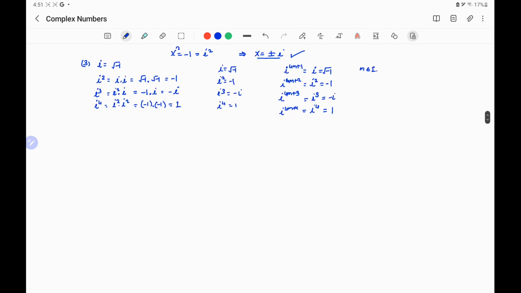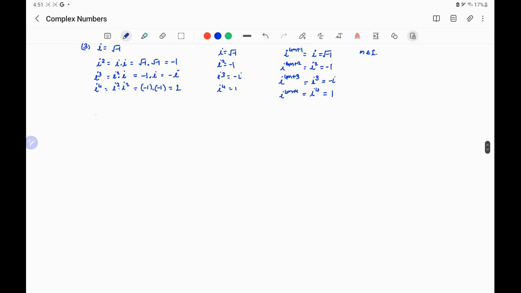So using these results, we can write that root of minus a will be equal to root of minus 1 into root of a, and this root of minus 1 is iota, the imaginary number, so it will be equal to i into root a. Similarly, root of minus a into root of minus b will be equal to root of minus 1 into root of a into root of minus 1 into root of b.